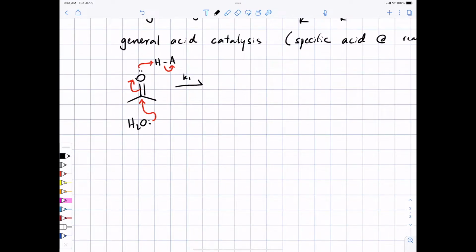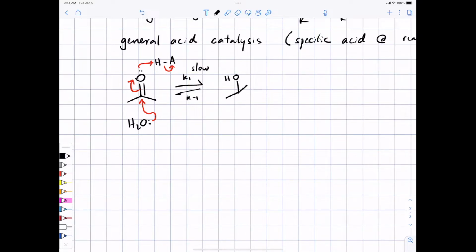There would be a forward rate constant and a reverse rate constant, and we're going to say that this forward rate constant at least is slow, and so the protonation happens in the rate determining step.